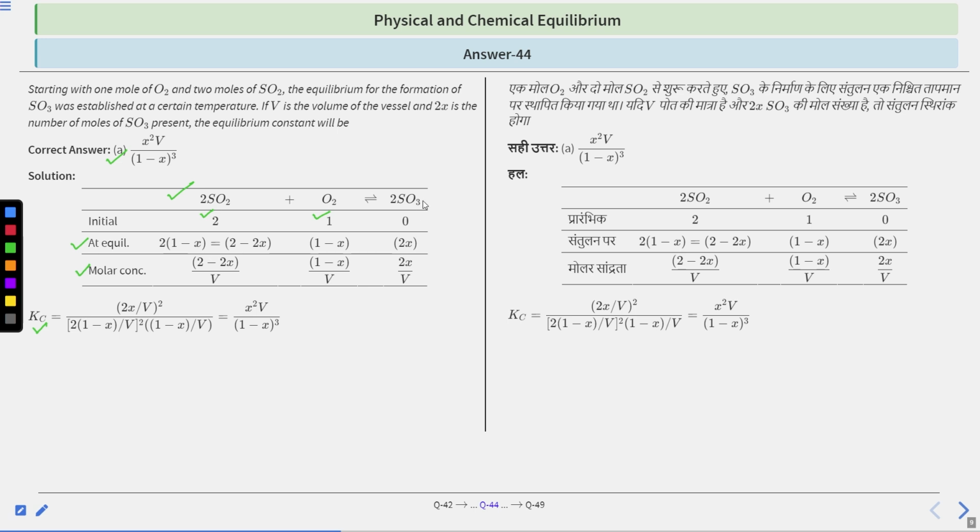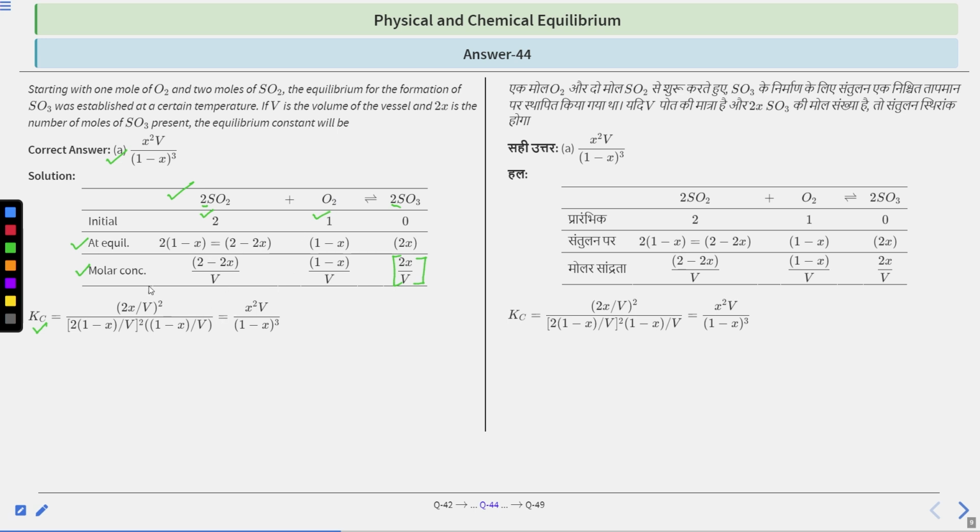So the product is SO3 and its concentration is 2x by V. So (2x by V) to the power 2, because 2 is the stoichiometric coefficient for SO3, divided by (2 minus 2x upon V) to the power 2, because SO2 has 2 as its stoichiometric coefficient, multiplied by (1 minus x) divided by V, which is the concentration for O2.